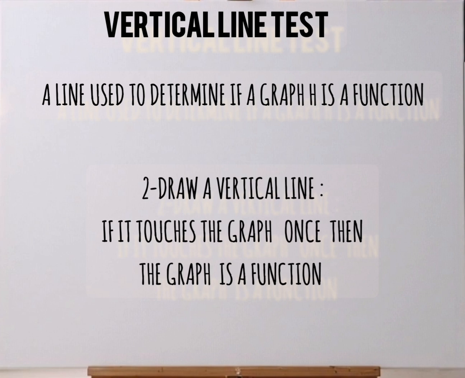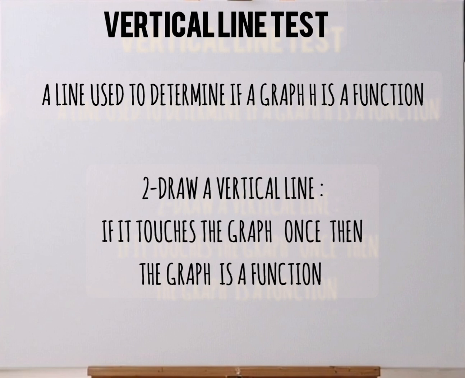All right, before we continue, let's talk about the vertical line test. Actually, we have two line tests, a horizontal line test and a vertical line test. These two help you to know if a graph is a function and which type of function it is. A vertical line test is a line that is used to determine if a graph is a function, meaning a graph can be a function or it cannot be.